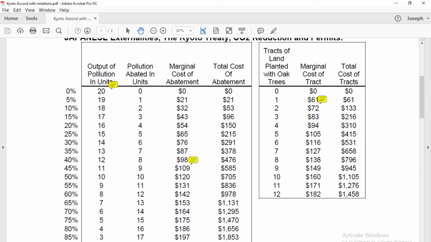If you bought the permit, you're not actually willing to pay $86 for the permit when you already have a permit, because you're going to have two permits. So think of it this way. Suppose there were 10 permits that Japan could buy. Wouldn't they buy all of them for less than $20 or less than 21?